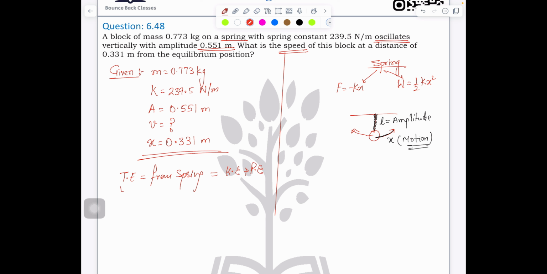So half k a squared, the amplitude of the spring, equals two energies: half m v squared plus half k x squared. Do you understand? Now solve this and you can find the velocity.